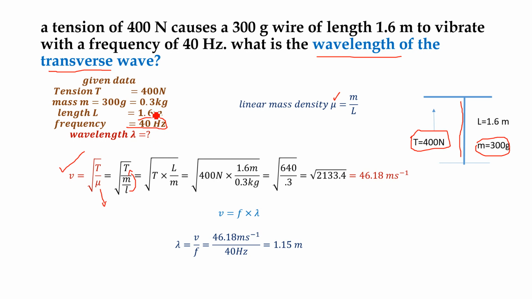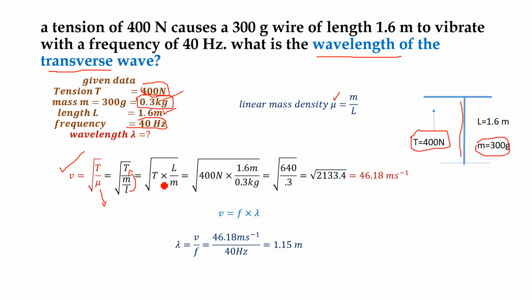Now the value of tension T is given as 400 Newton and the length is 1.6 meter, where the mass is given as 300 gram. Dividing and multiplying this 300 by 1000, we will get 0.3 kilogram in SI unit. So the mass is 0.3 kilogram.